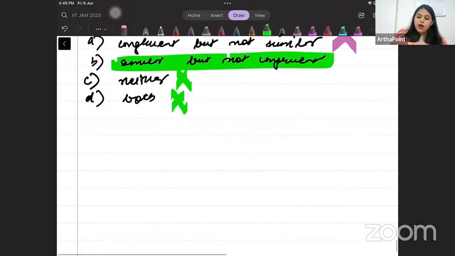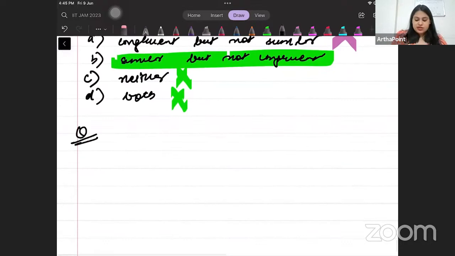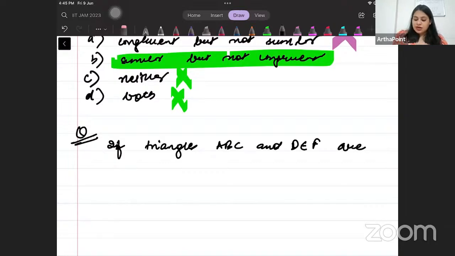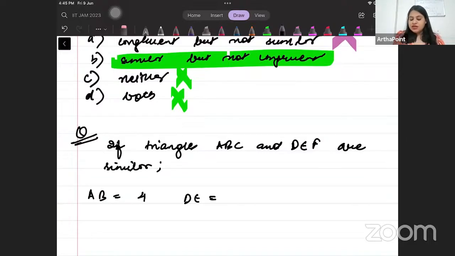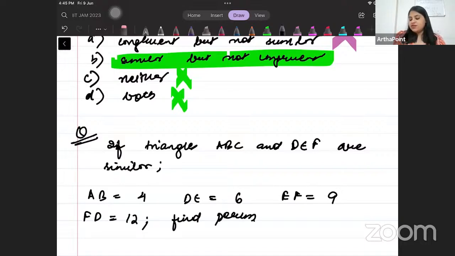I am giving you one question for your practice. So write down, if triangles ABC and DEF, a bit tricky, are similar. AB is 4, DB is 6, EF is 9, and FD is 12.